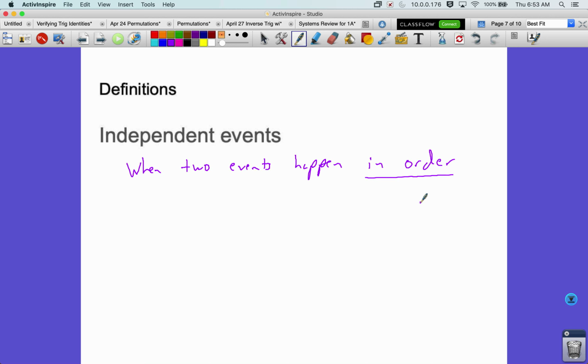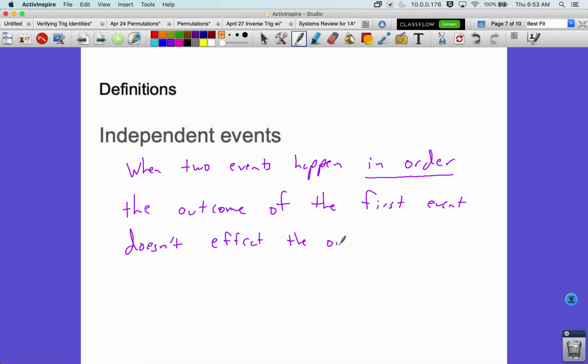It has to be event 1 happens, then event 2 happens. So when 2 events happen in order, the outcome of the first event doesn't affect the outcome of the second.